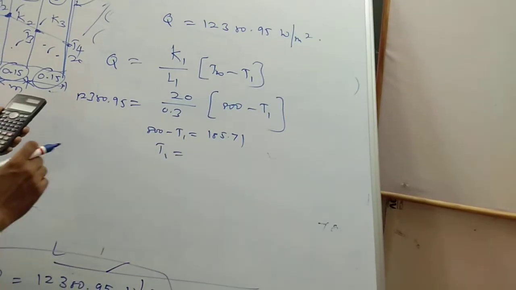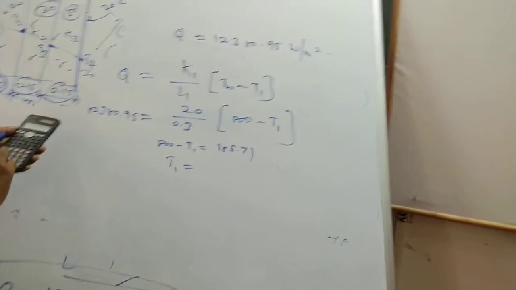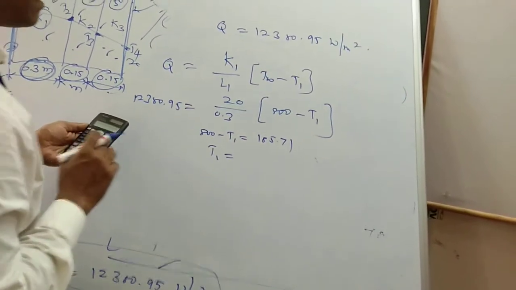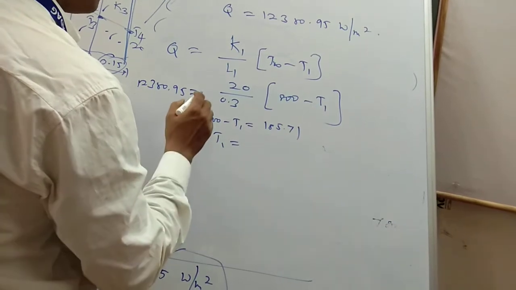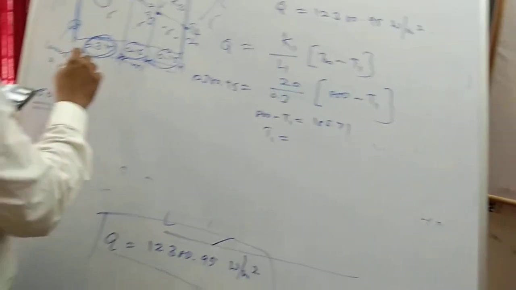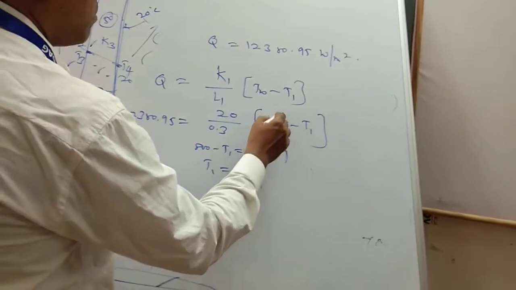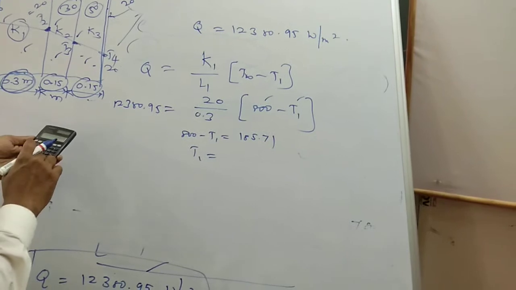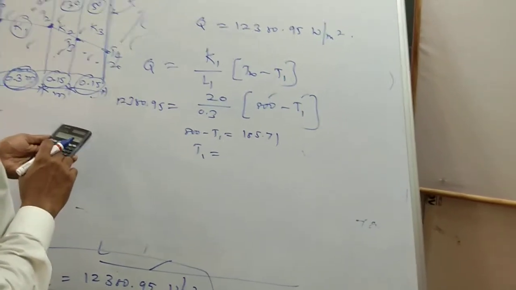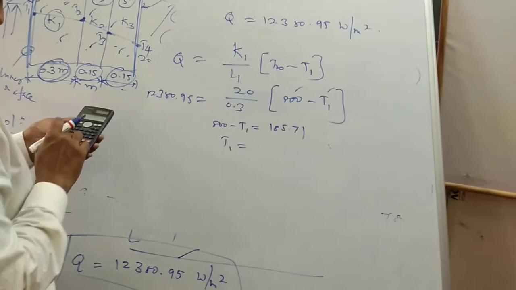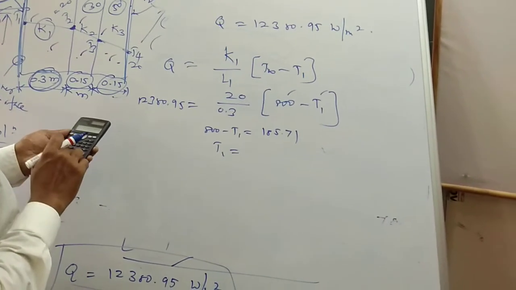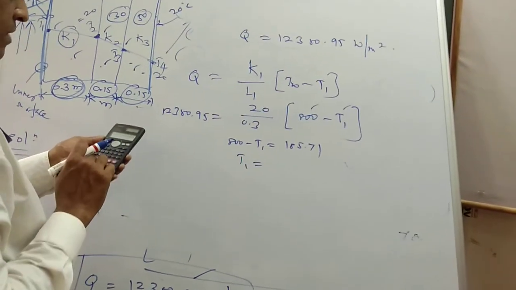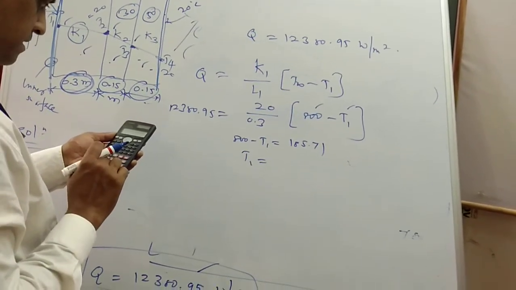Therefore T1 is equal to 800 minus 185. 12,380.95 into 0.3 divided by 20.